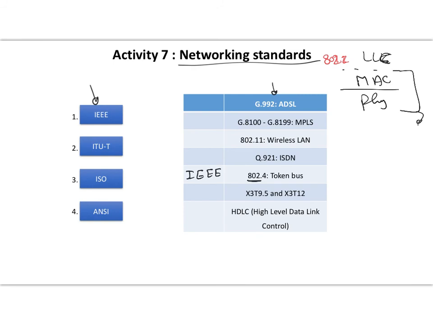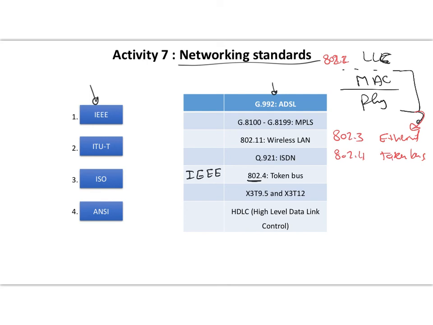However, for the MAC sublayer and the physical layer, you have multiple standards. You have 802.3, which is the one that we will study in the next chapter, and this is for Ethernet. You have 802.4, which is token bus. Token bus talks about some standards for a specific type of network topology, which is a chain topology.